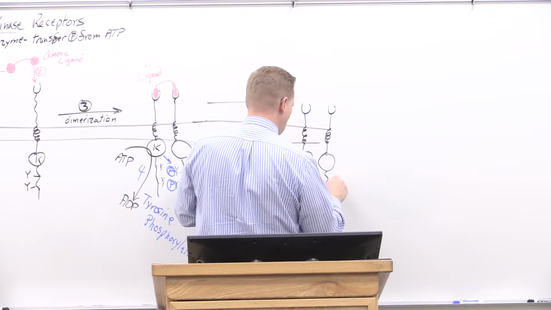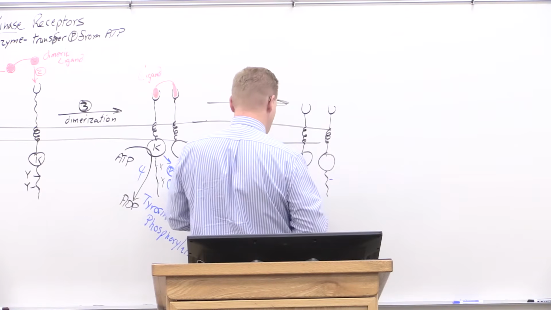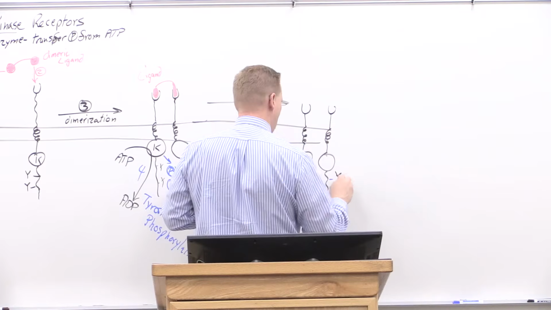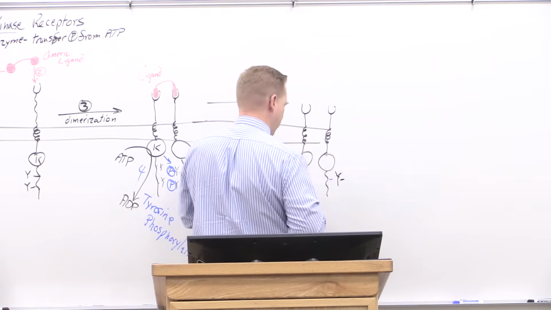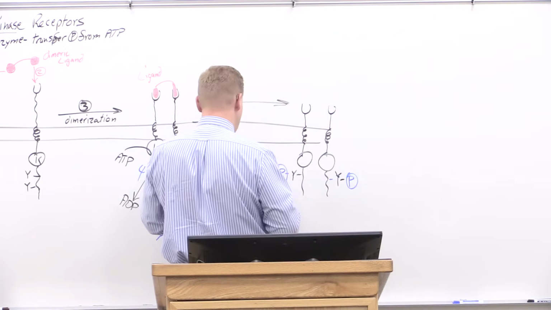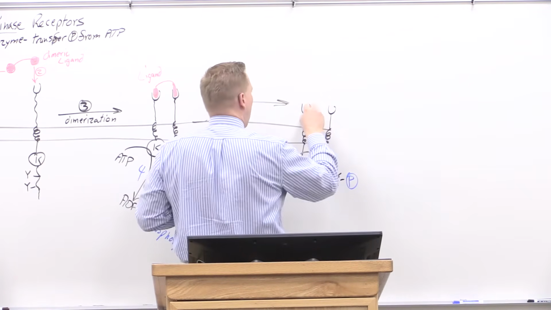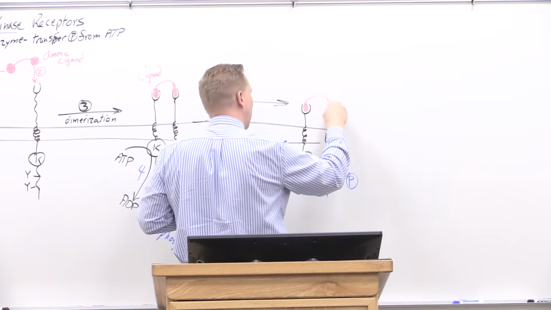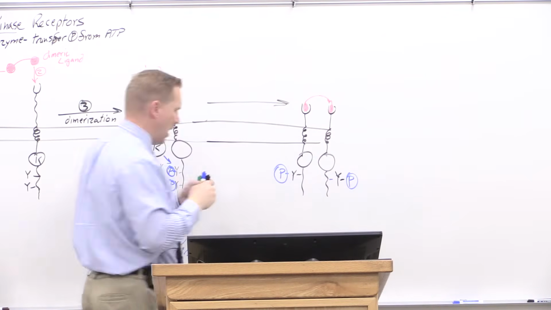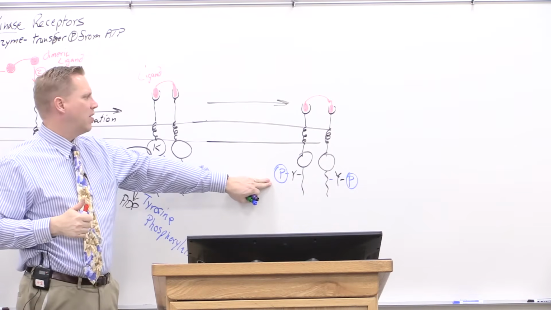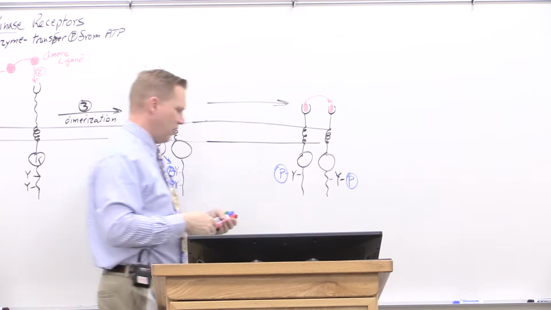And we will put another one over here. And that's kind of the end of the activation of this pathway. Once we have activated that, the receptor is now considered activated when it has the phosphates on the tyrosines. So now we have an active receptor.